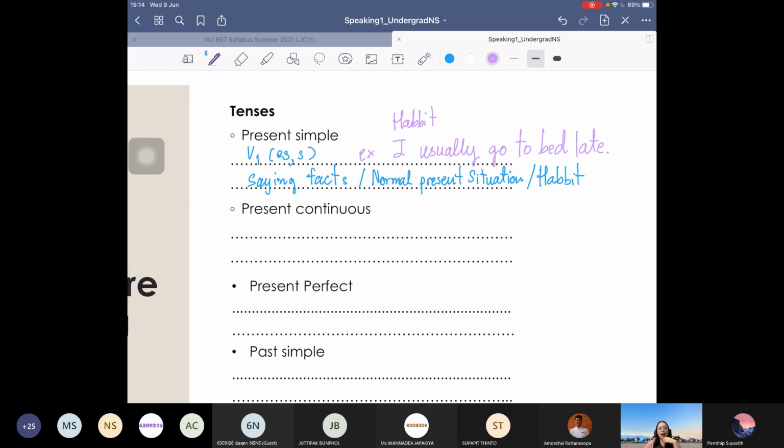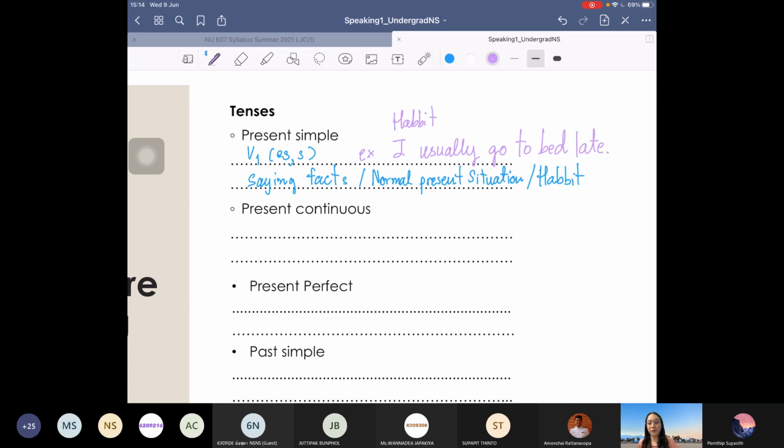So you can use this kind of tense to talk about your habits, or normal present situations, or to say a scientific fact, like the earth moves around the sun, or the water flows from the north to the south.